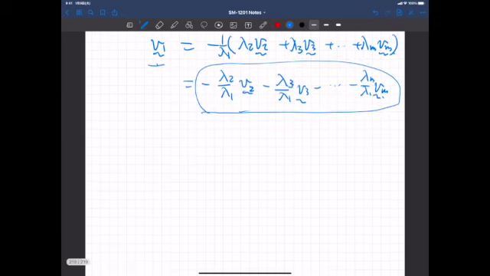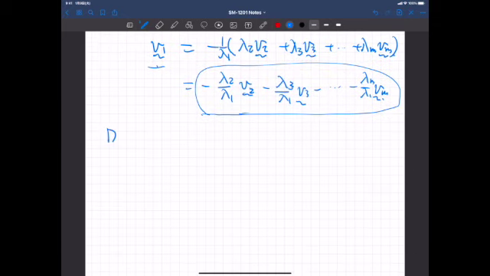Okay, so here comes the definition of linear independence. As you might guess, linear independence means not linearly dependent.